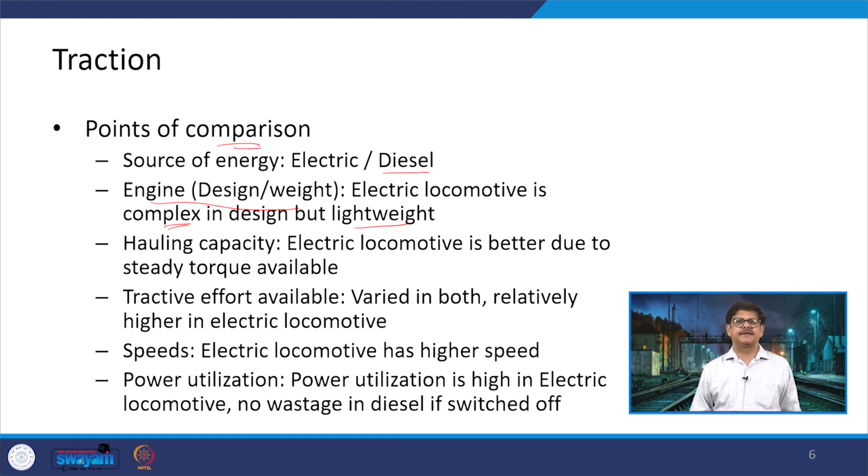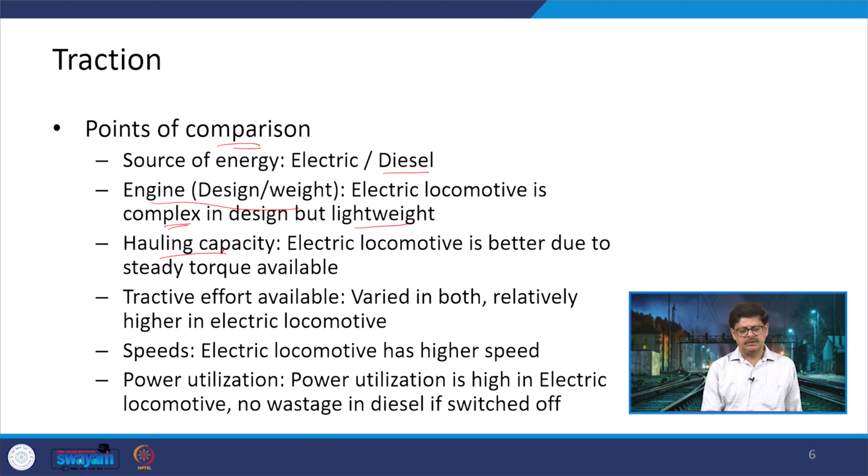In the case of diesel, the power is generated on the locomotive itself, and therefore different types of equipment are placed there, and that increases the weight of the diesel locomotive. So, here the electric locomotive is lightweight, but as far as design is concerned, internally it is complex.